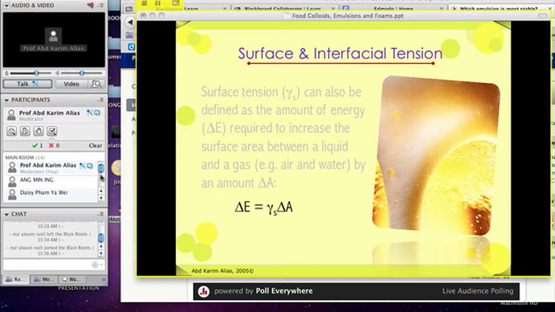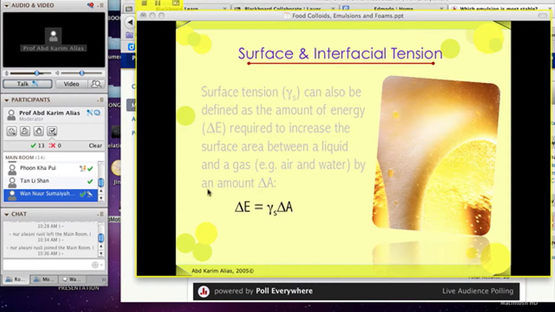Please say yes again if you can hear me clearly so far. Please say yes or no if you don't hear me. Alright, Min Ing, Daisy, Elizabeth, Sukfan, okay. Weishan, Huikin, Yong Sheng, please say yes or no whether you can hear me. Okay, good. Asmilia, can you hear me clearly? Please say yes or no. Okay, good. Fatina, alright, good. So I can continue.